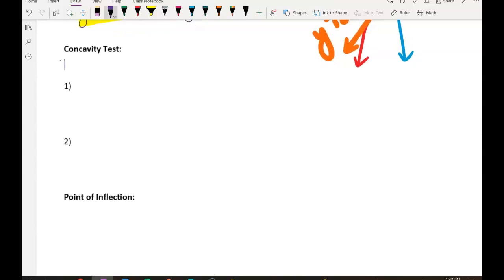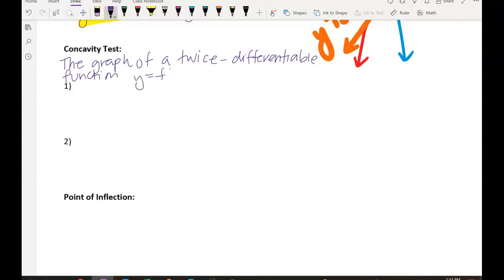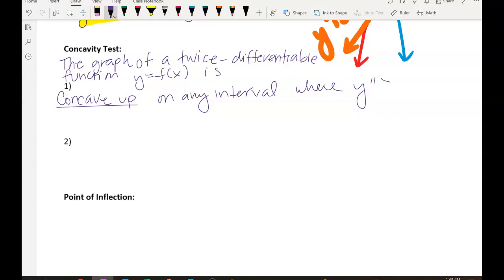The graph of a twice differentiable function, let's call it y equals f of x, is, first one, concave up on any interval where y double prime is positive.